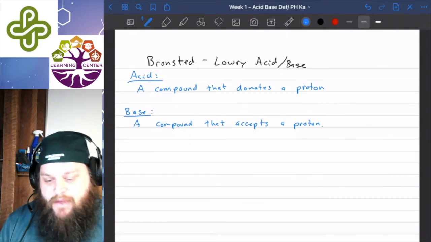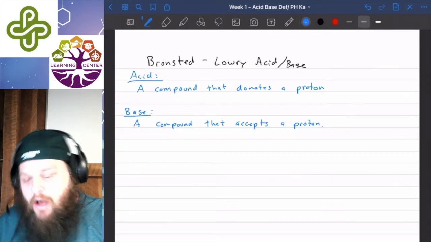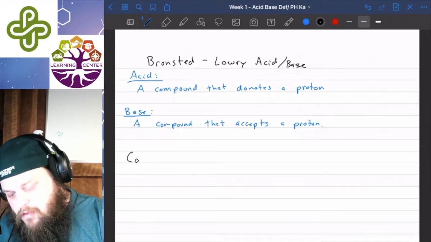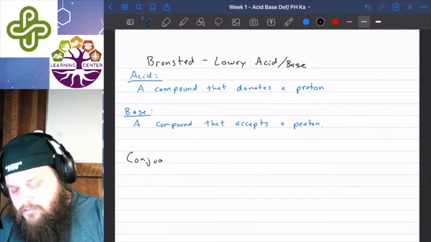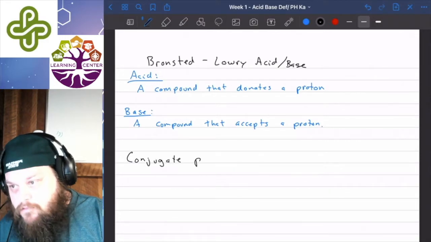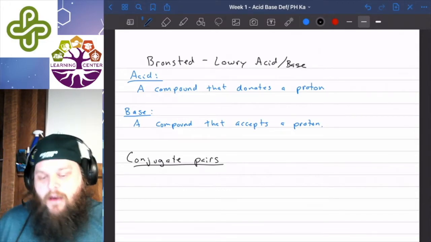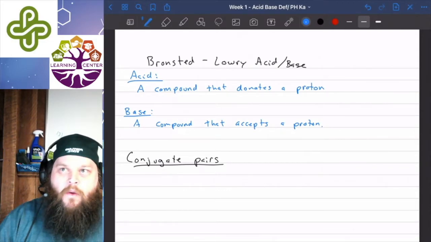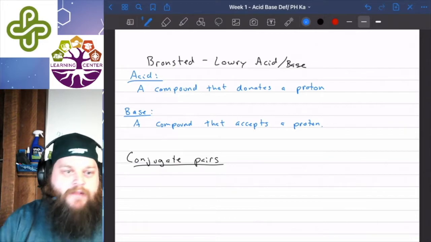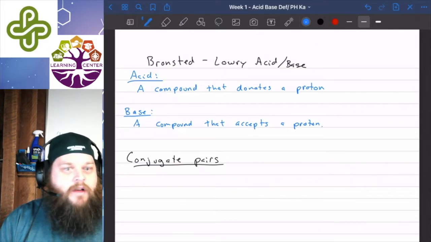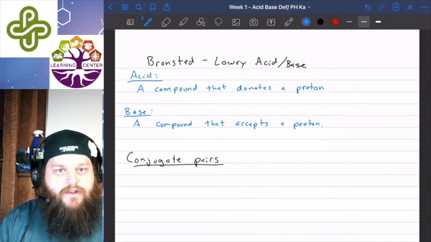And this makes compounds have what we call conjugate pairs. Conjugate pairs are basically once the acid or base has accepted or lost a proton, it's that change in the compound.